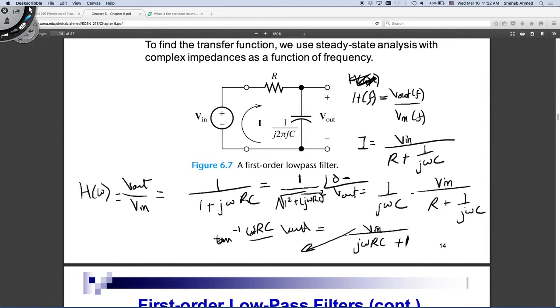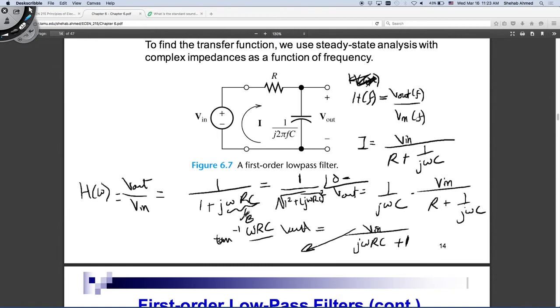And what we do is, they actually give this a name. So they call this 2 pi RC, they call it FB, or break frequency. They give this a name of the break frequency.